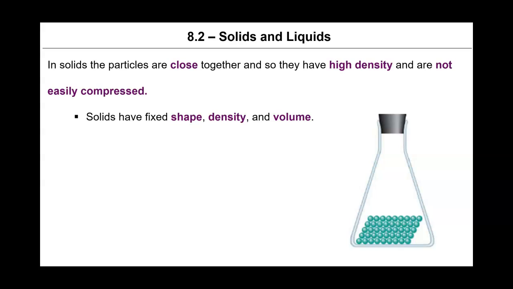The shape of a solid does not depend on the shape of its container. The volume of a solid does not depend on the volume of its container. As the volume of a sample of a solid is fixed, that also means that the density of a sample of a solid is also fixed.